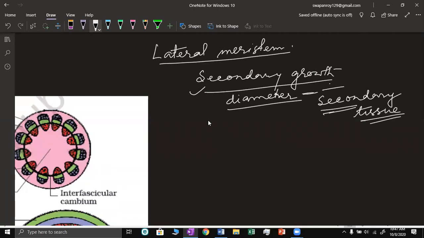This secondary growth does not take place in monocot. The secondary growth is absent in monocot plant.